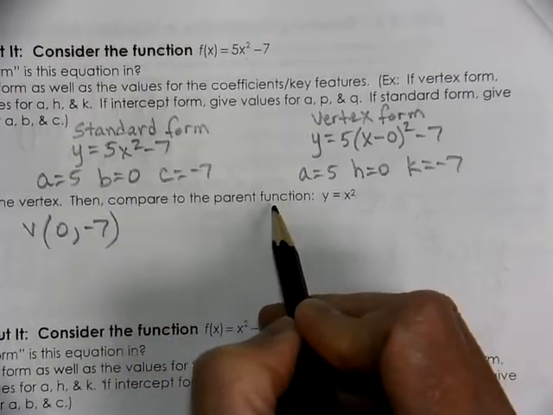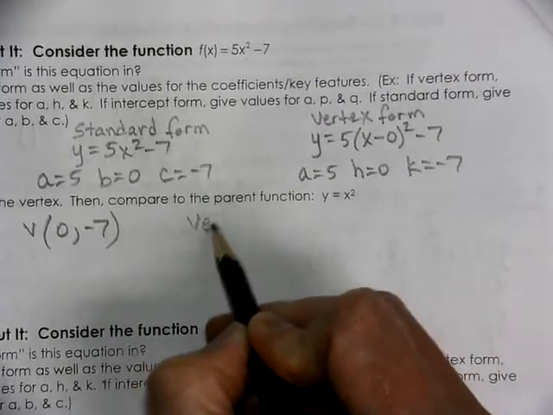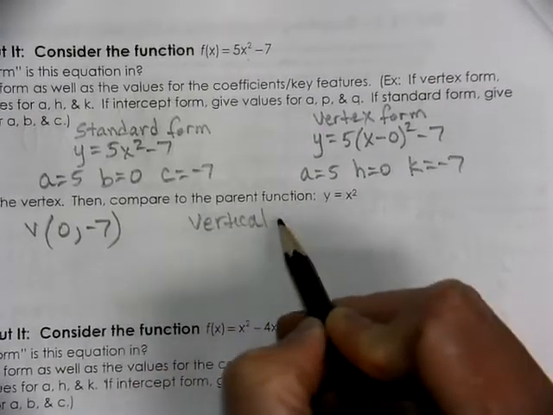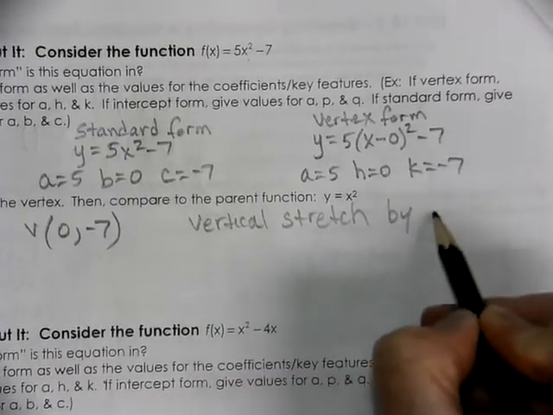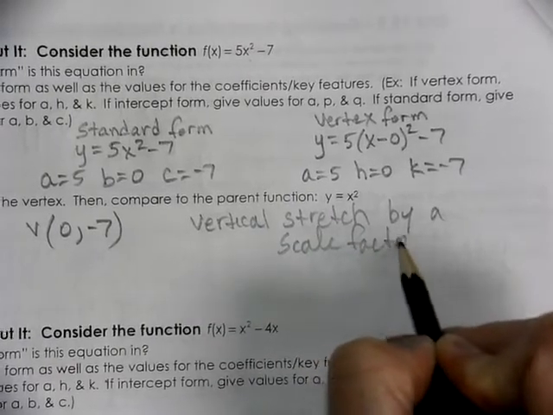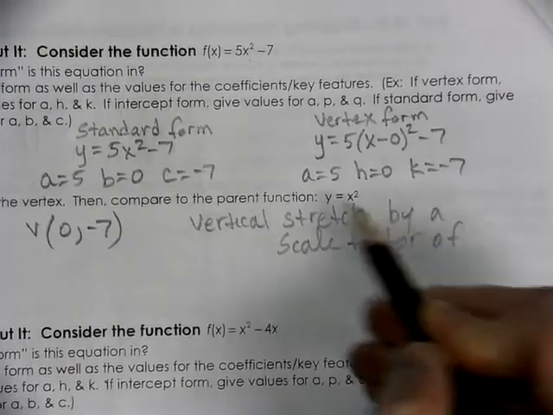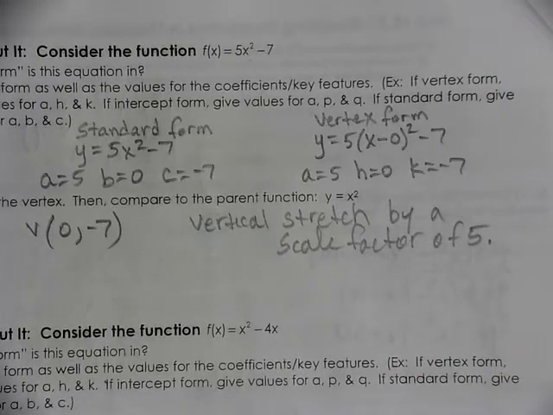In our comparisons, there is no reflection, but we have a vertical stretch by a scale factor of 5. That's what's happening compared to the parent function.